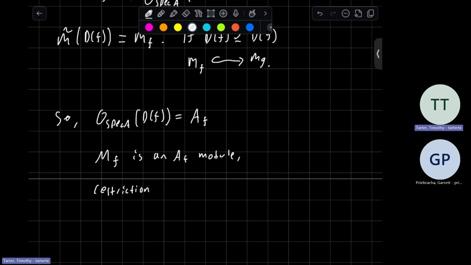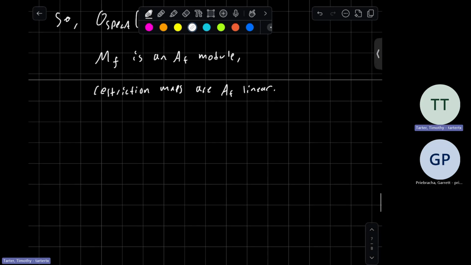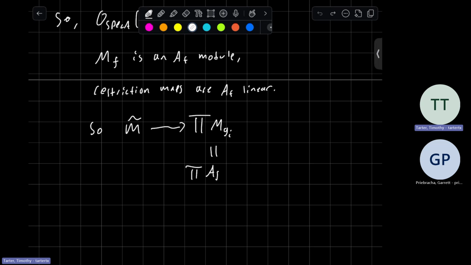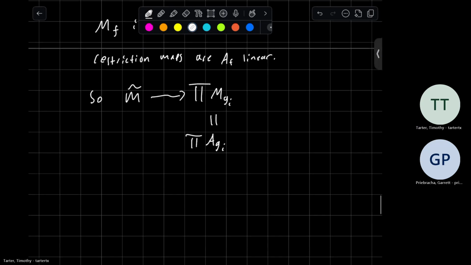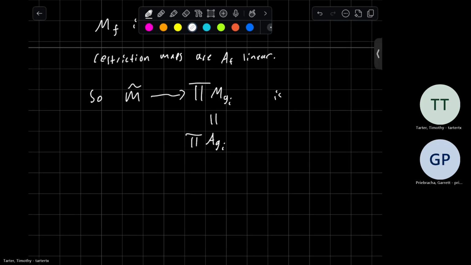And restriction maps are AF linear. And so basically, into the product of MGI, which is equal to the product of AGI, is basically the sections functor on M.